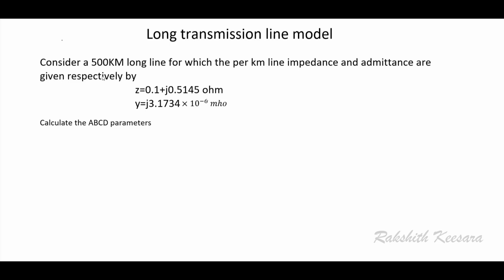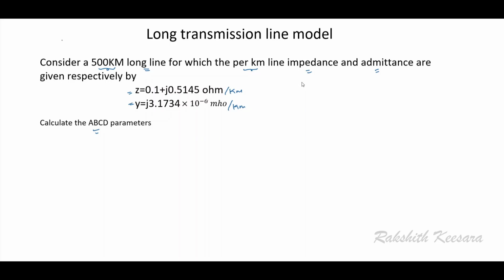Next, let us see a problem based on ABCD parameters. Here it is given that a 500 km long line for which the per kilometer line impedance and admittance values are z and y. So these are per kilometer. Calculate the ABCD parameters.